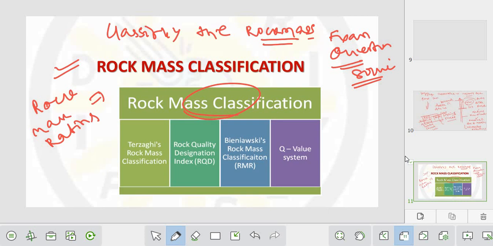I will just cover in a brief manner. One is Terzaghi rock mass classification, RQD is there, RMR is there, and Q system is there. RQD is by Deere, and rock mass rating by Bieniawski. You have to remember the scientist names, okay. This is a fact-based question you can also get. For example, who proposed RMR? Bieniawski proposed it. Who proposed RQD? Deere proposed it. So all those things you can get.